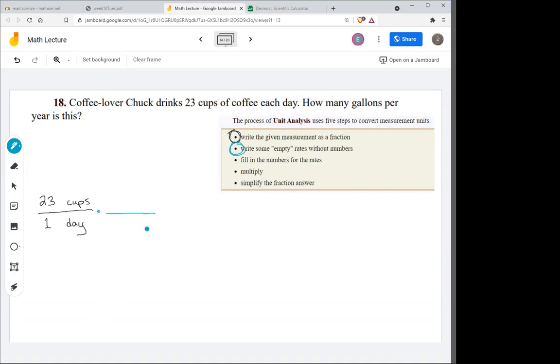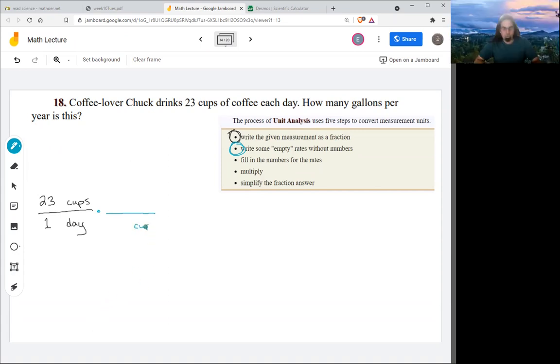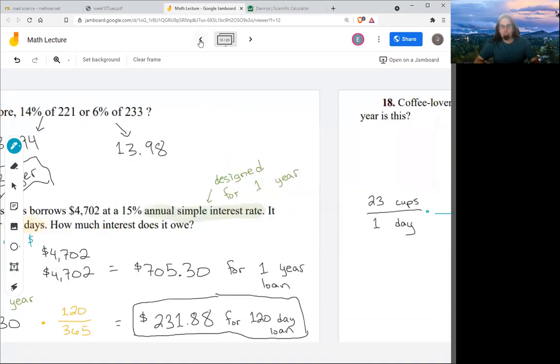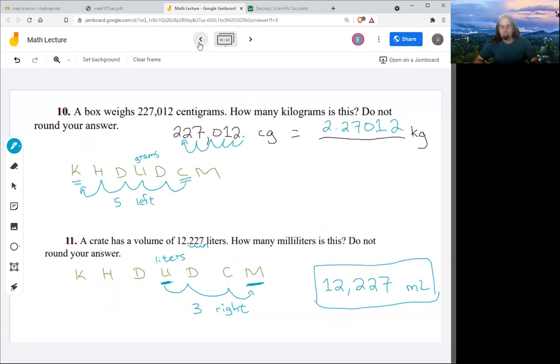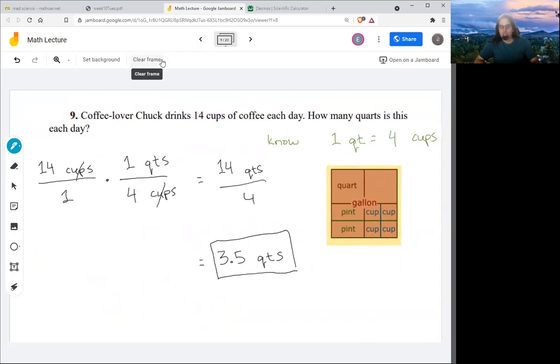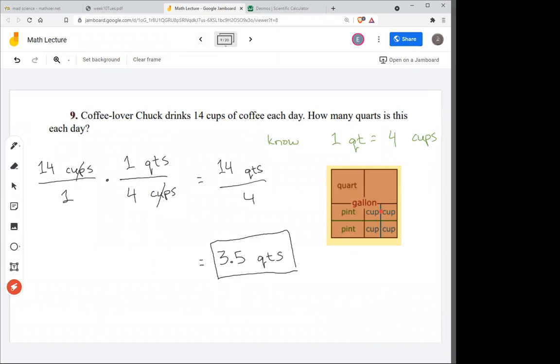Gallons. So can I go directly from cups to gallons? Or remember that picture we had before? How many cups are in a gallon? 16. 4, 4, 4, and 4.